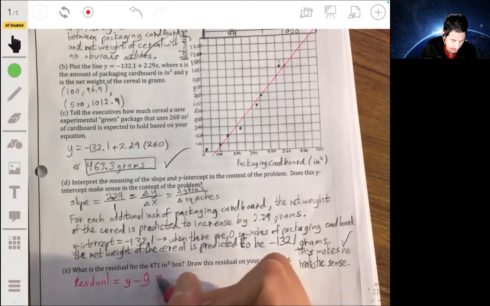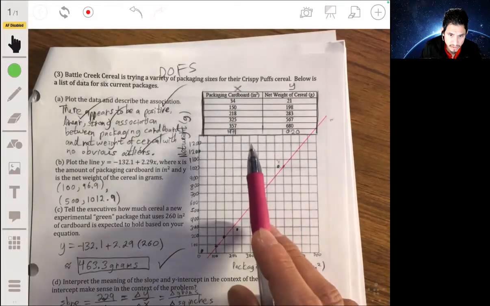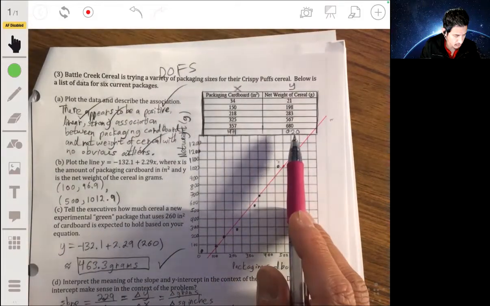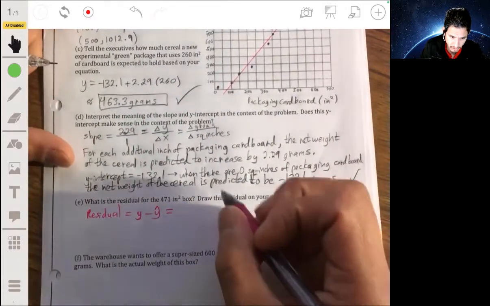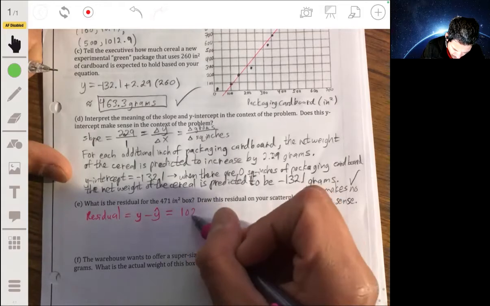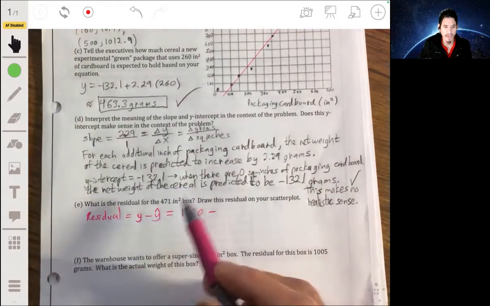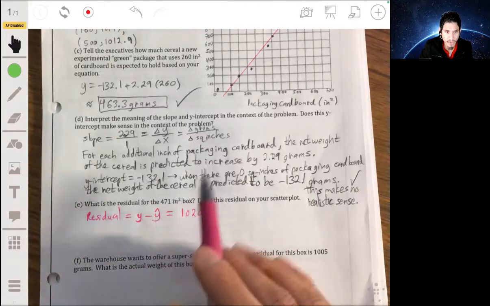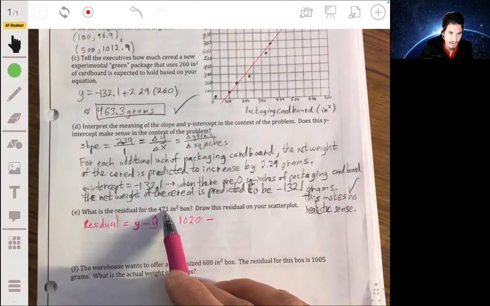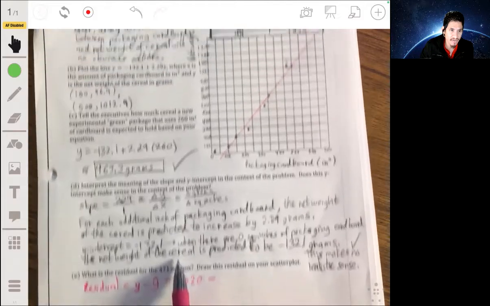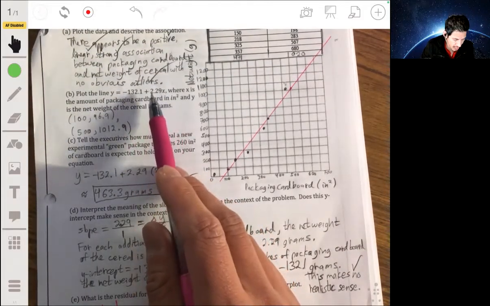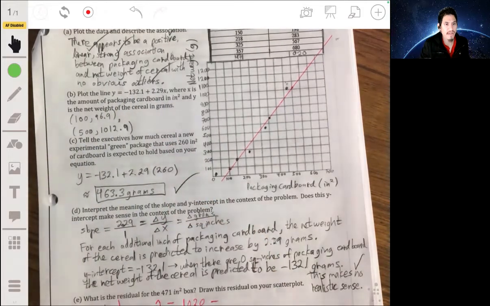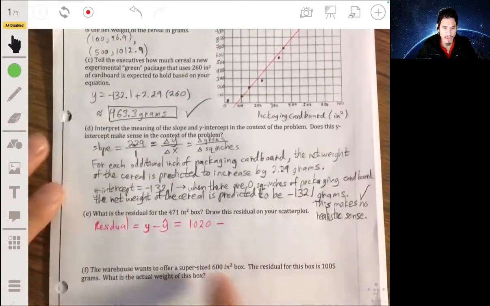If we look at the data we got here, the 471 square inch box has an actual y value of 1020 grams. So it'll be 1020 minus the predicted y value, or the value you would get when you plug 471 into x in the equation. Remember, this is your equation for predicted y. So for that, you want to calculate what the y hat would be.